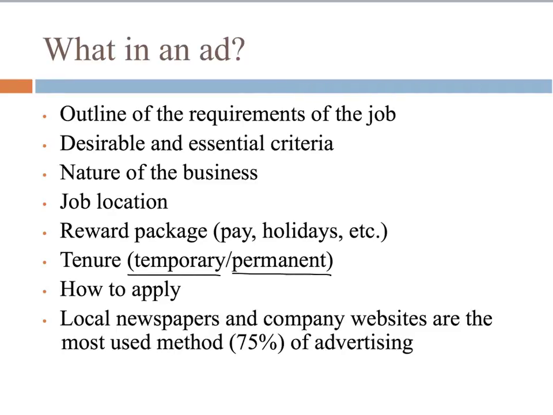How to actually apply, so should you do it online, in person, or over the phone? Interestingly, local newspapers and company websites are the most used method of advertising now. So we would have to design our advert to either work in a local newspaper or on a company website. So when we're designing our advert, we have to match those needs.